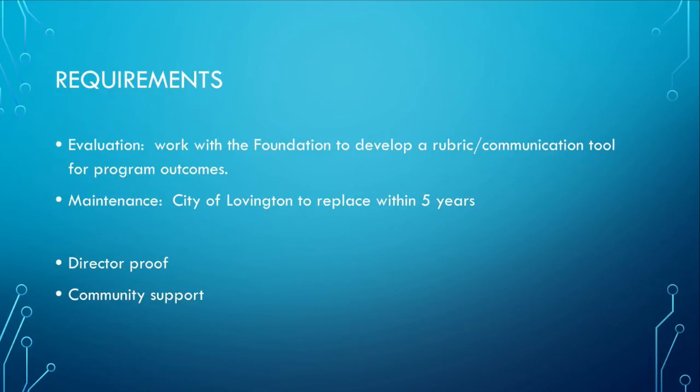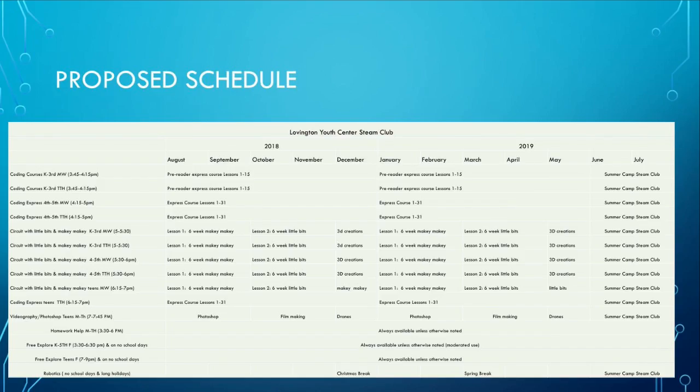Go ahead. Part of the grant was that I come up with a schedule of how we would be using the computers, and that's what you have here in front of you with the color. This is something I came up with help through the New Mexico Out of School Time Network.